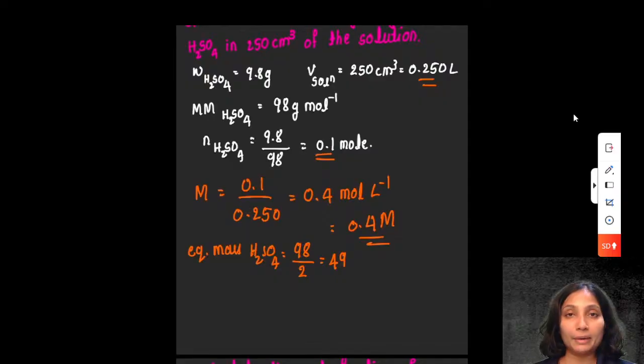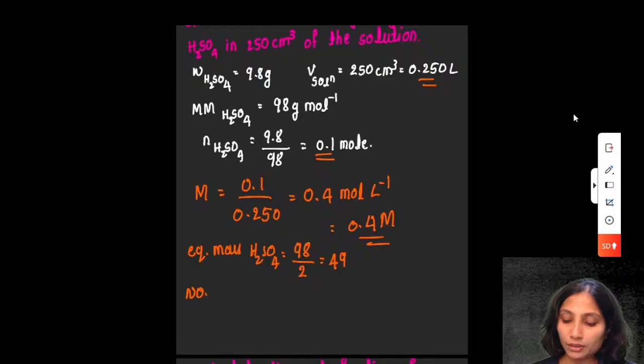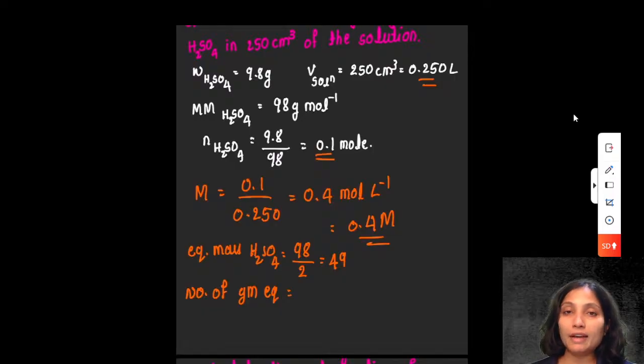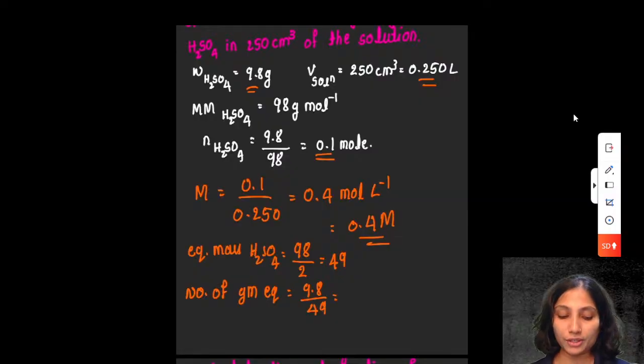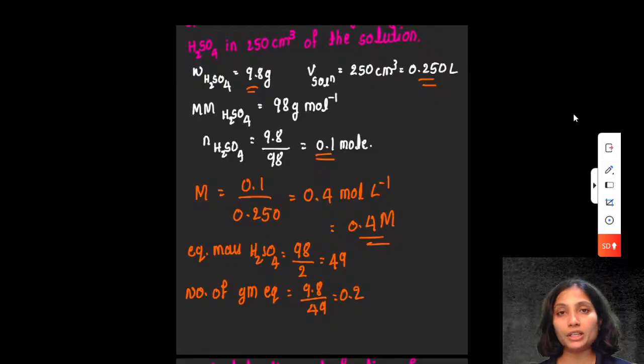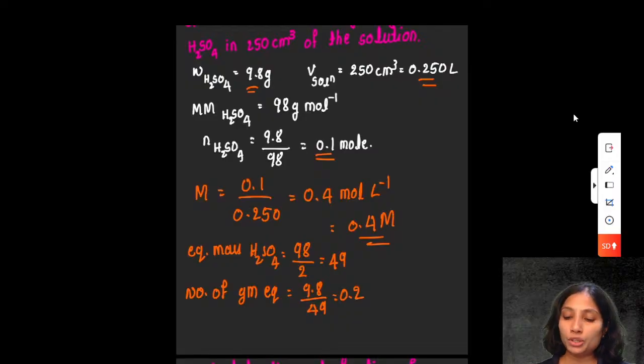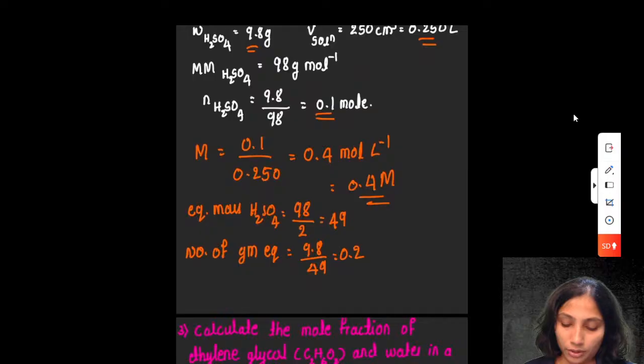This is equivalent mass. And to calculate number of gram equivalent, number of gram equivalent is equal to given mass divided by equivalent mass. Given mass of H2SO4 is 9.8 divided by 49, equivalent mass, which is 0.2. Now, normality.